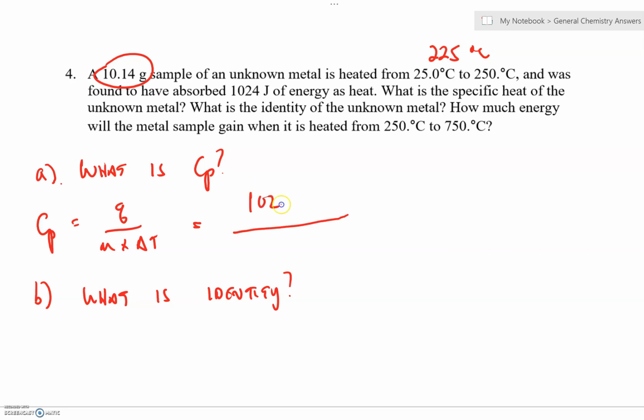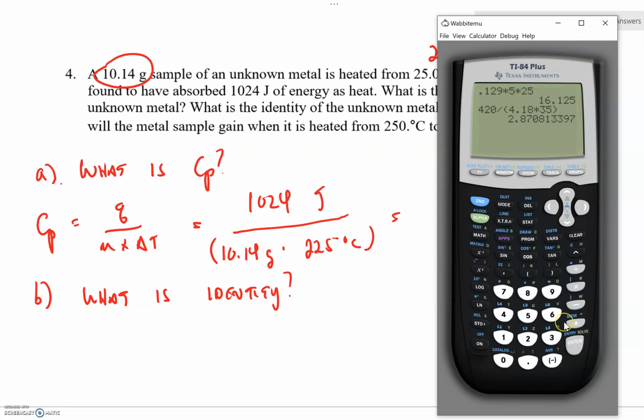So we have 1,024 joules of energy. Our mass is 10.14 grams. And we've gone from 25 to 250, so our delta T is 225. Now check out what happens. None of these units cancel, so our answer is going to be in joules per gram degree Celsius.